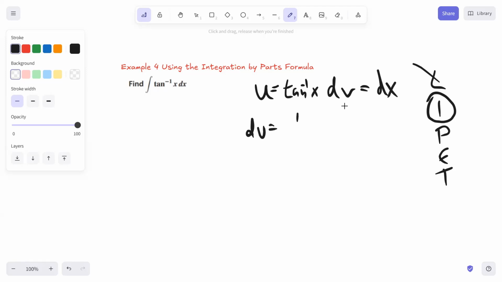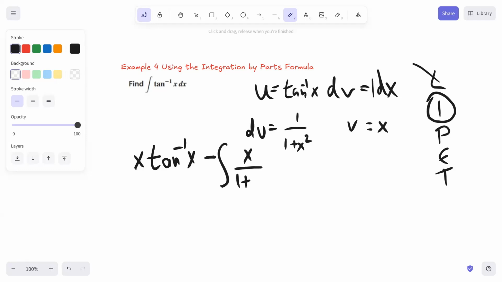So du is 1 over 1 plus x squared. And v is going to be just x, because remember, dx is like 1 times dx. So if I go uv, so tangent inverse x times x, but I'm going to put the x in front, minus the integral of x over 1 plus x squared dx.